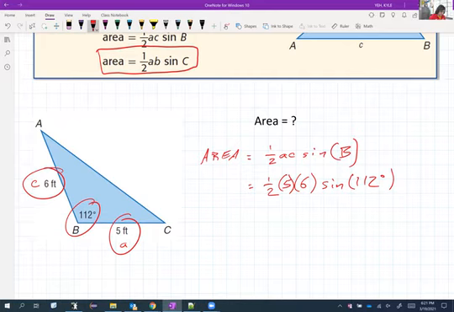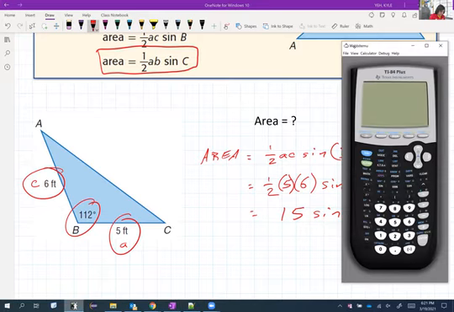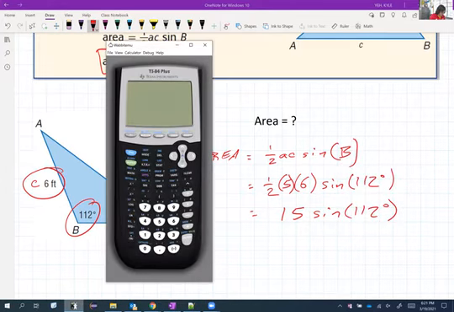And if we look at that now, we could say, 6 times 5 is 30, 1/2 of 30 is 15. We absolutely could do some work, mental math or on paper. But at the end of the day, we're going to be grabbing our calculator and saying, okay, what is 1/2, I'll put it in parentheses, times 5 times 6 times sine of 112 degrees.